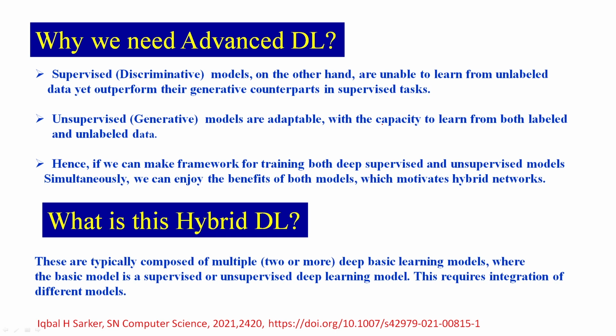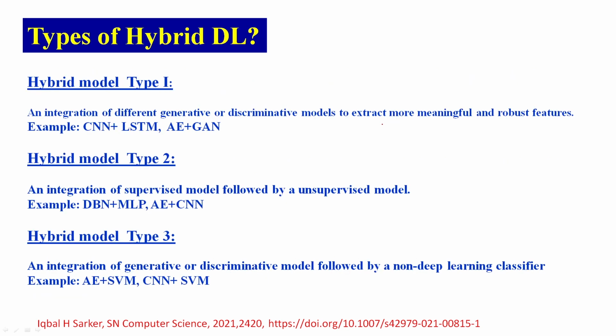We have just discussed basic models, right, already a lot of basic models you have learned. So, these hybrid models are basically composed of multiple deep learning models, where the basic model is either a supervised model or an unsupervised model. That is why we need to integrate different models, and that is very important.